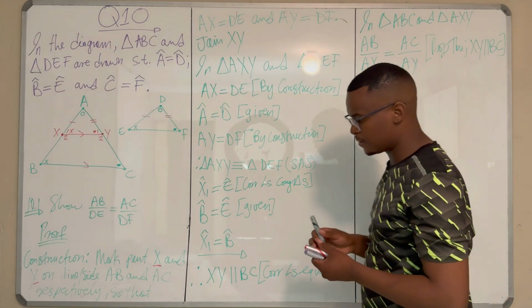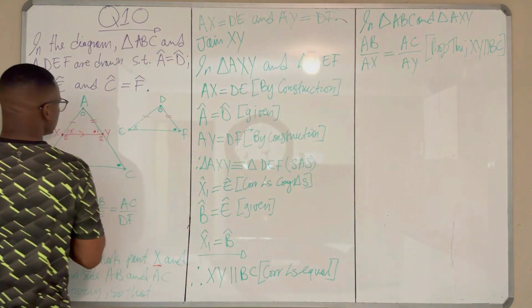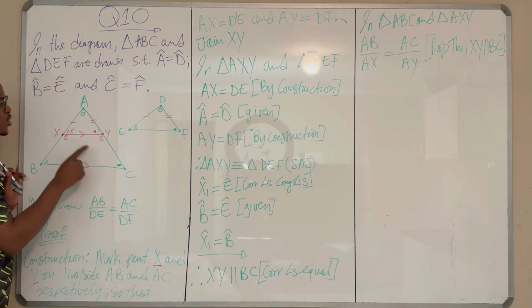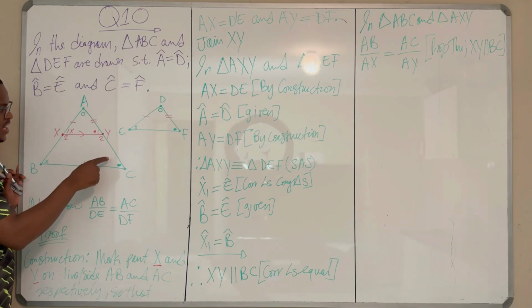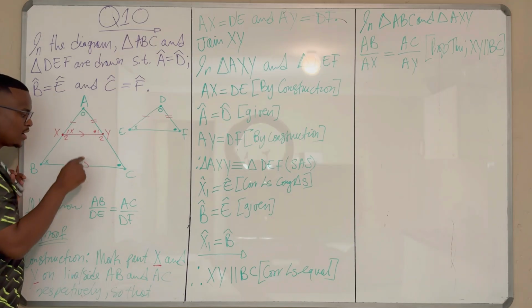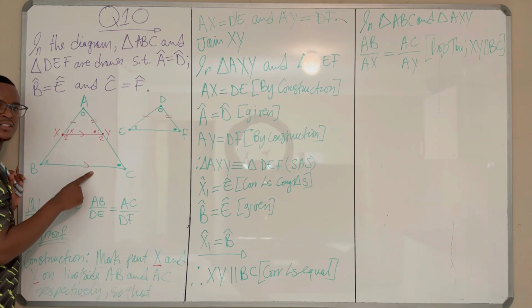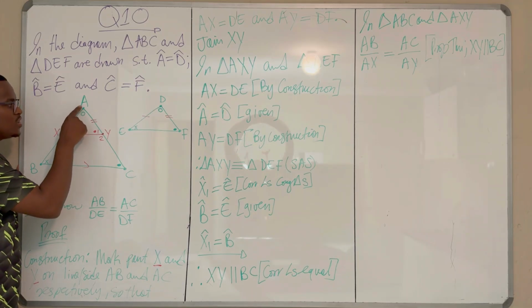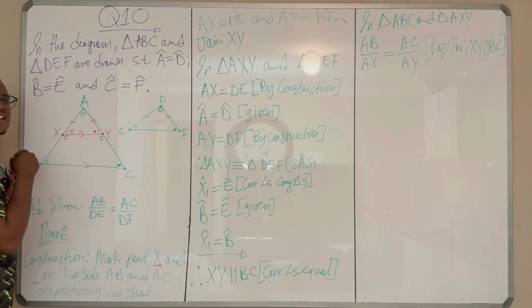Let me repeat it again. You have triangle ABC, two sides of the triangle are joined by line XY, and your line XY is parallel to the third side. It's joining two sides and parallel to the third side, so it will divide the two sides at the same ratios, or at equal proportions.